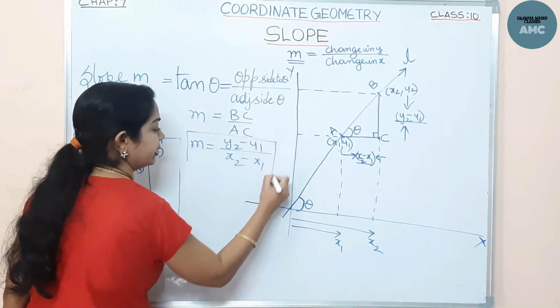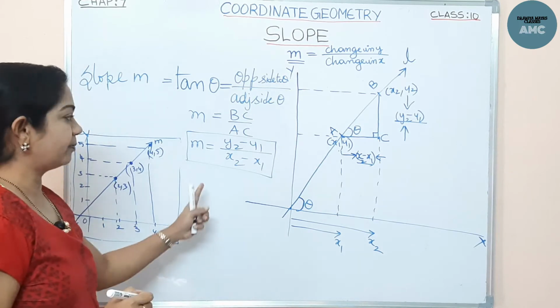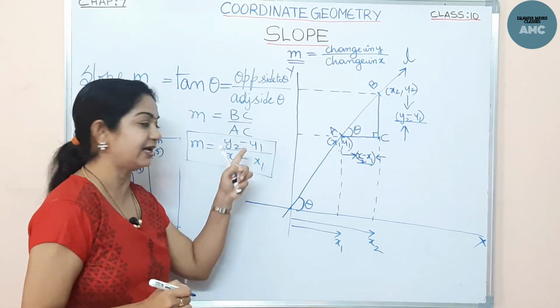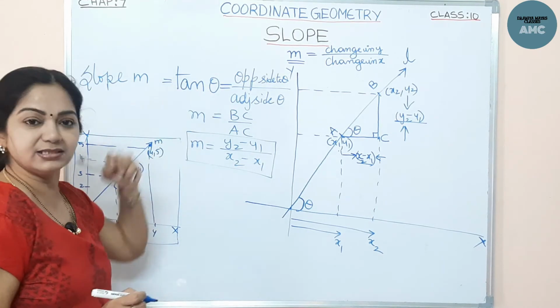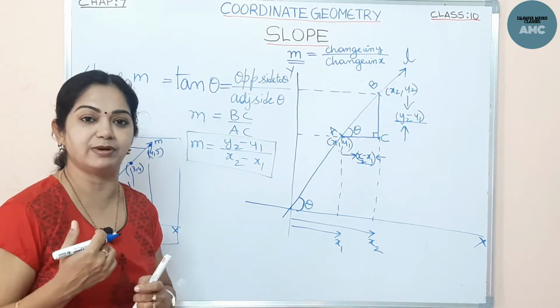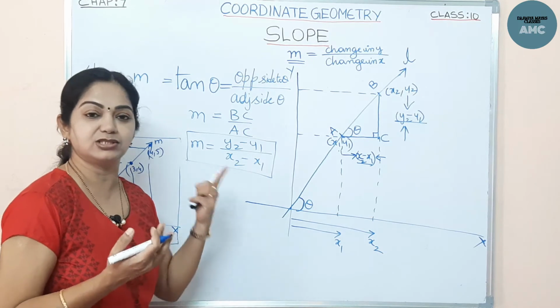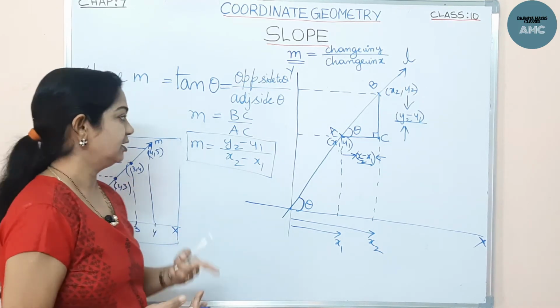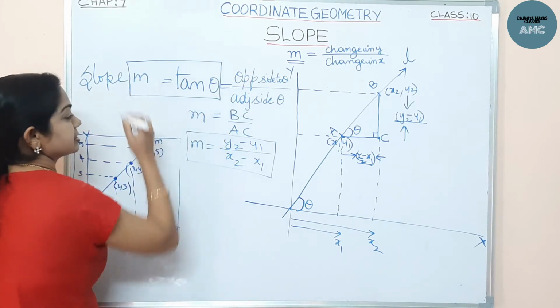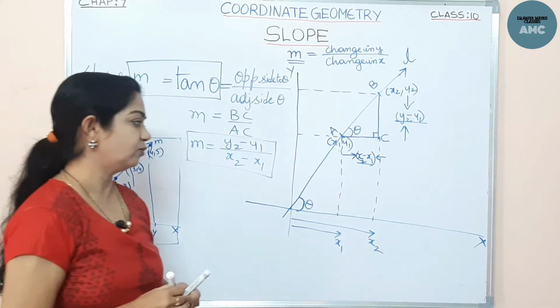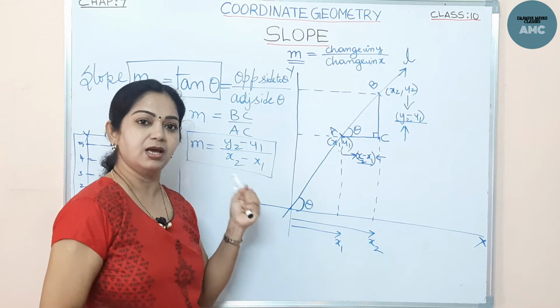So when the coordinates are given, the slope formula is the change in y by change in x. Whereas when the angle is given, we have to go for trigonometry, that is, slope is equal to tan theta. So these are the formulas for the slope of any line. Hope you have understood this concept.